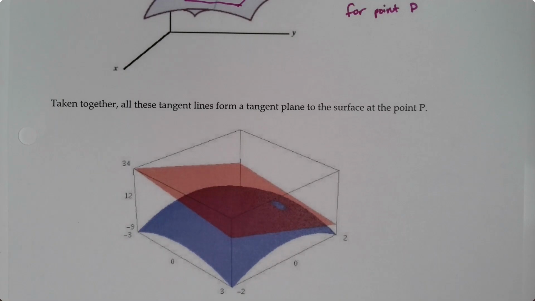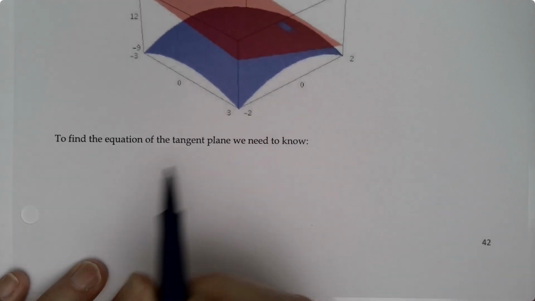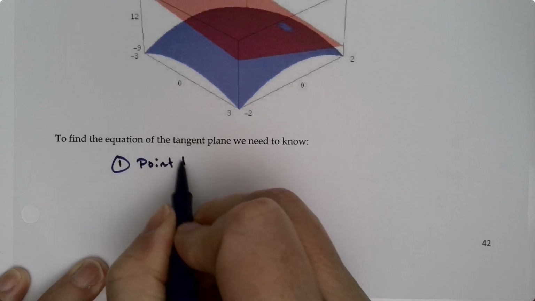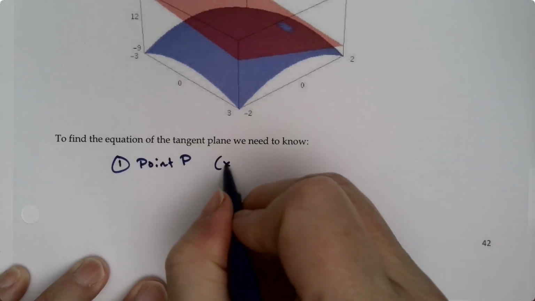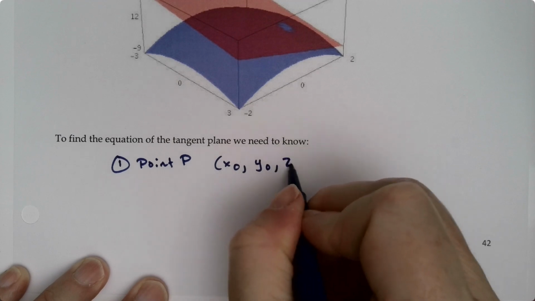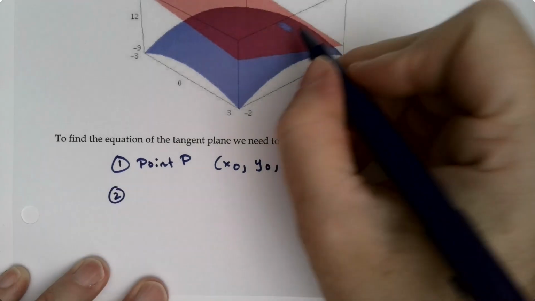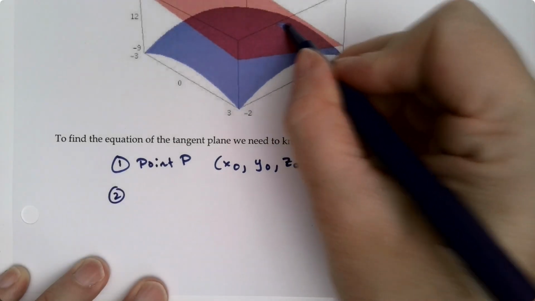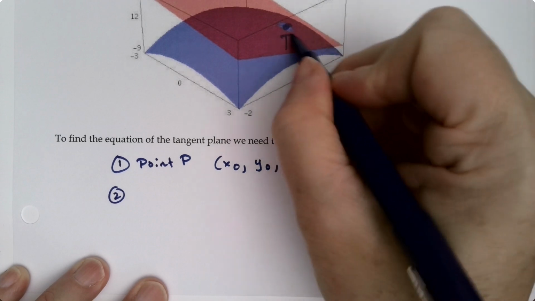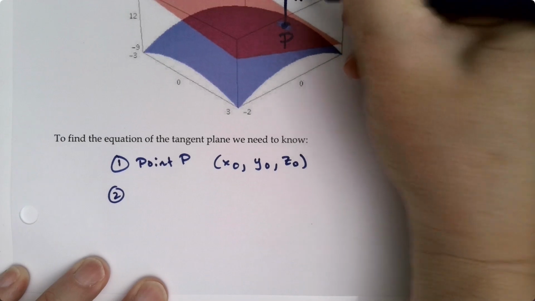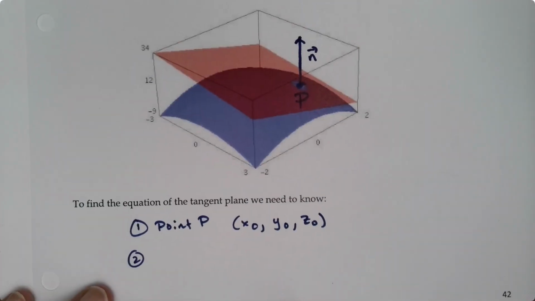Now, how do we come up with a tangent plane? What are the things that we need? Well, to find the equation of a tangent plane, we're obviously going to need to know the point P, which will be an x0, a y0, and a z0. Then we're going to need the normal vector, right? So the point P is right here. There's P. And we need the normal vector sticking up in the air. Oops, sorry, that's off screen.